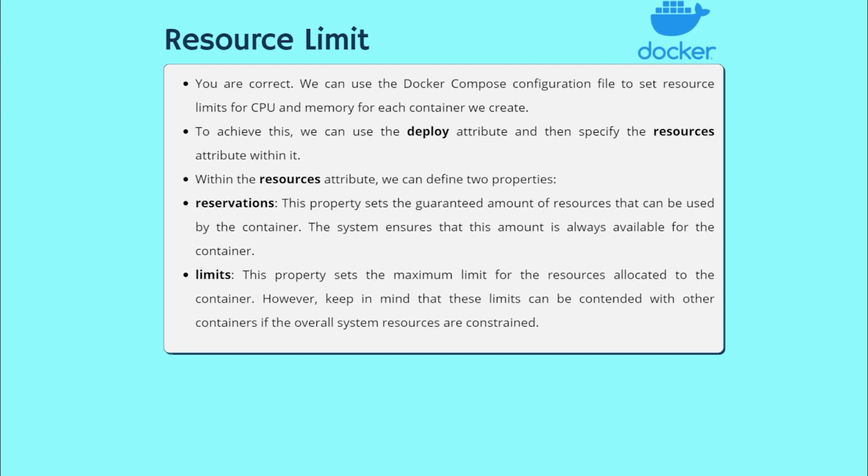This property sets the guaranteed amount of resources that can be used by the container. The system ensures that this amount is always available for the container. Limits. This property sets the maximum limit for the resources allocated to the container. However, keep in mind that these limits can be contended with other containers if the overall system resources are constrained.